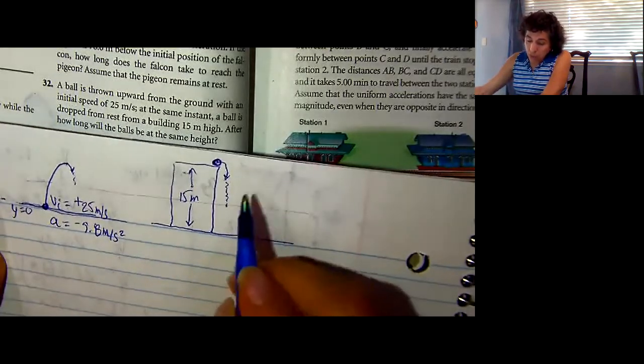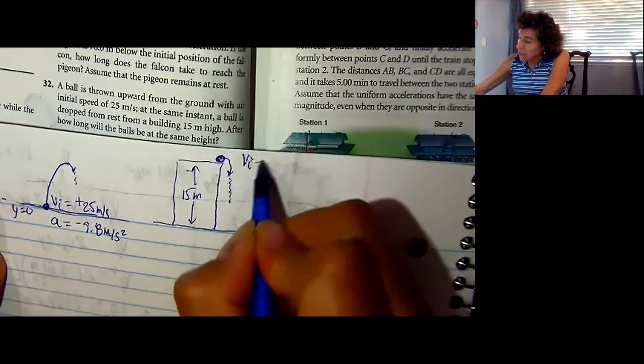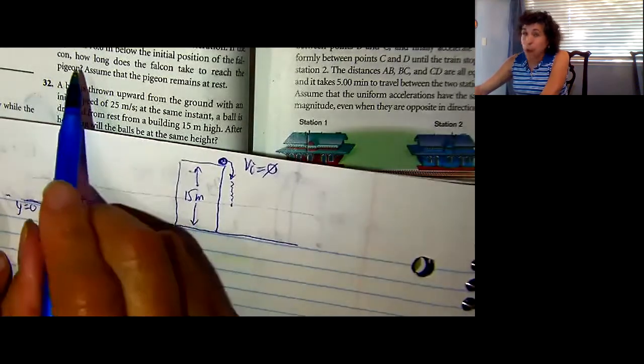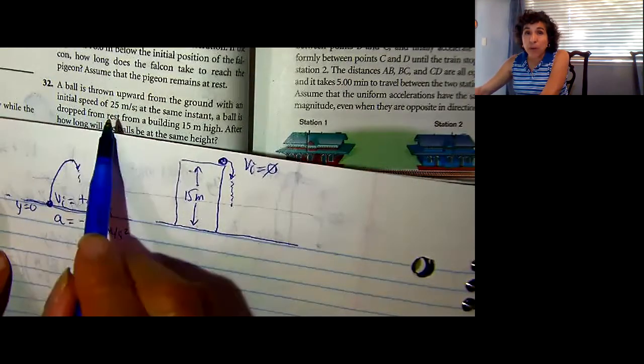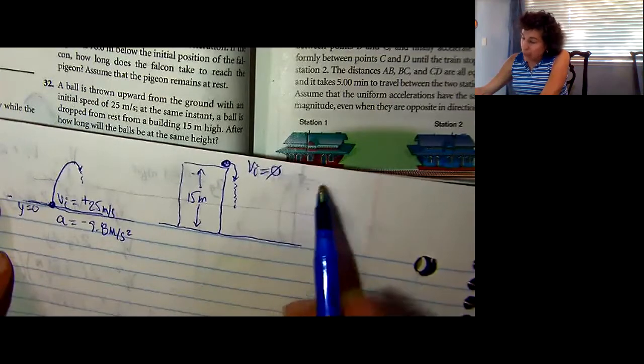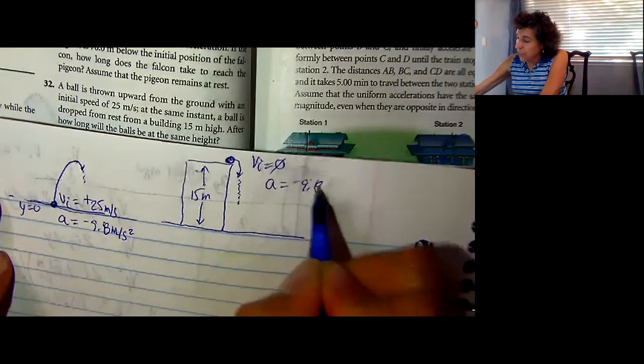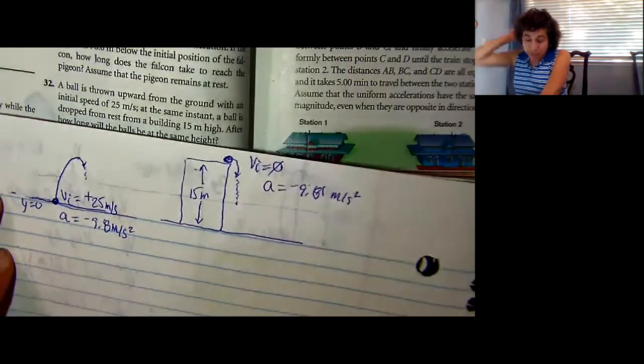So this one's going down, and I know that the initial velocity here is 0 because it says drop from rest. And we also know here that the acceleration is also negative 9.81 meters per second squared.